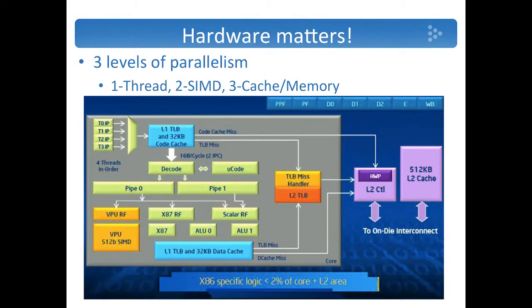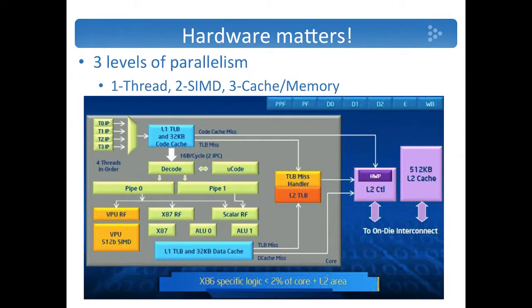And Intel says that the x86 logic is only 2% of the core. That means the x86 cores, the ALUs and the schedulers only use 2% of the hardware. But what's the rest of it? The next thing, and the very big thing, is SIMD, single instruction multiple data. Sometimes we call it the vector unit or vector processing unit.